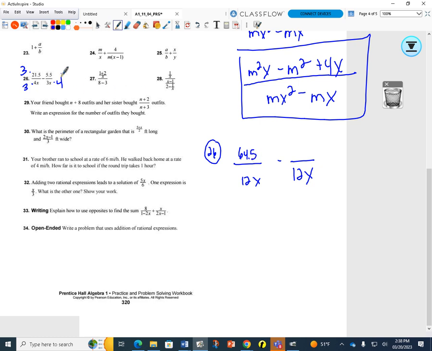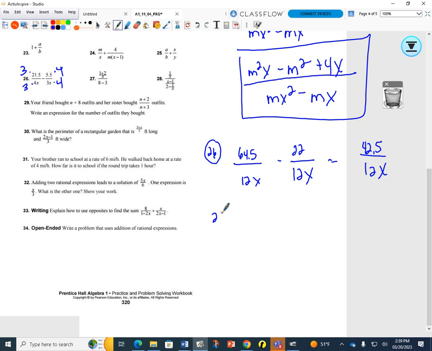And then this was multiplied by 4, so the other numerator is 5.5 times 4 is 22. And so we're just going to simplify this. Now that we have the same denominator, we just add or subtract our numerators. So that'll give us 42.5 over 12x.